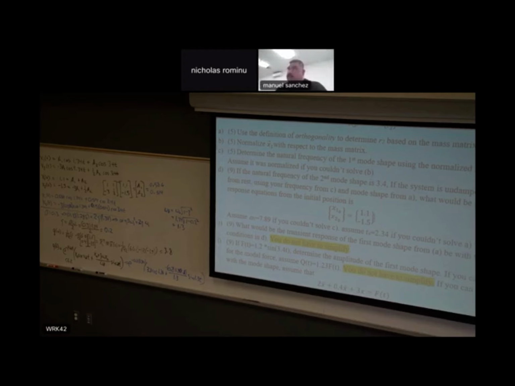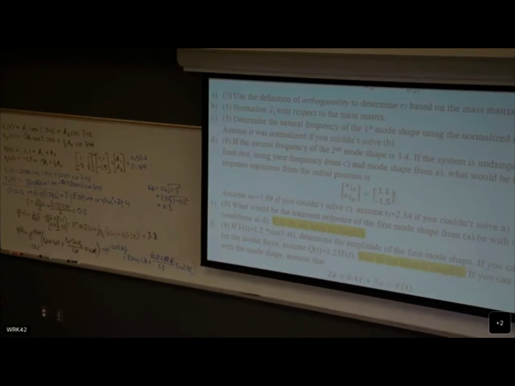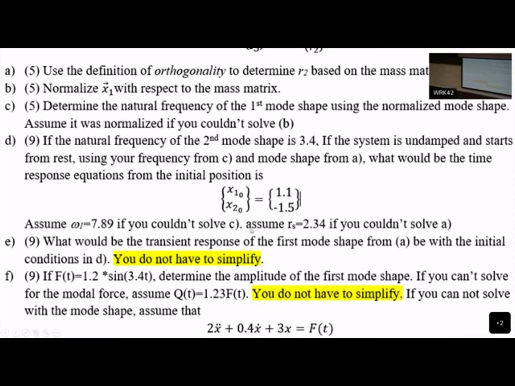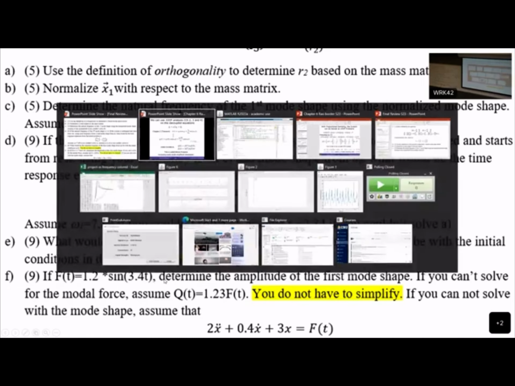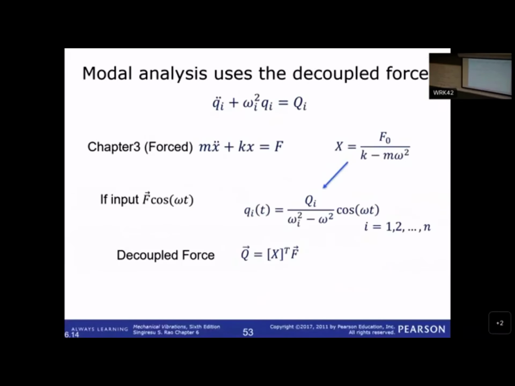All right. What about forced response? How do we do modal analysis for forced response? Our input force is 1.2 sine of 3.4t. So looking at your modal analysis, your decoupled force is going to be your X transpose times the input force to the system.